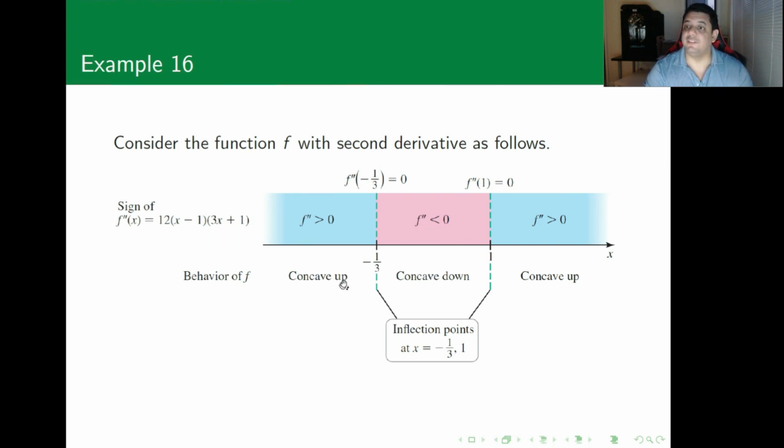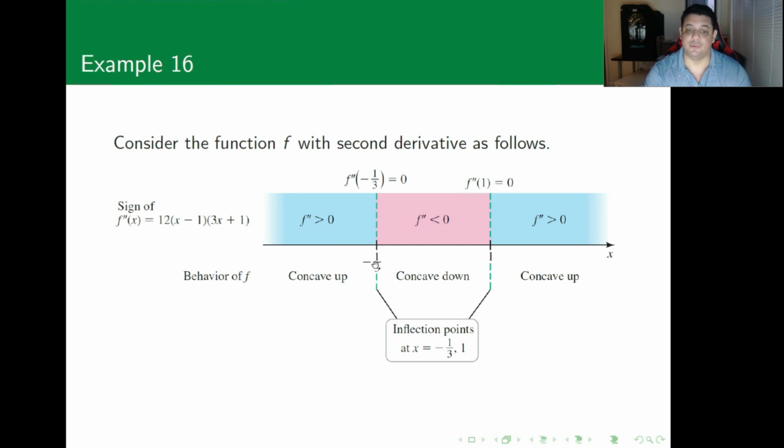Now, what we do is exactly the same thing that we did with the first derivative. We're going to check for the behavior of the sign of the second derivative now. We can check with some points. If we go from minus infinity to minus 1/3, checking that sign gives me that the second derivative is positive.